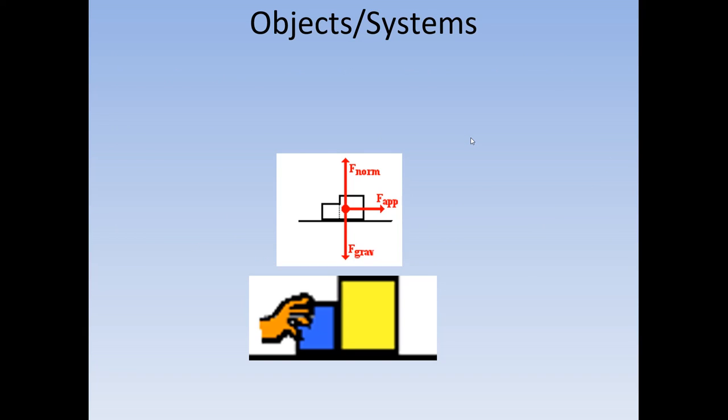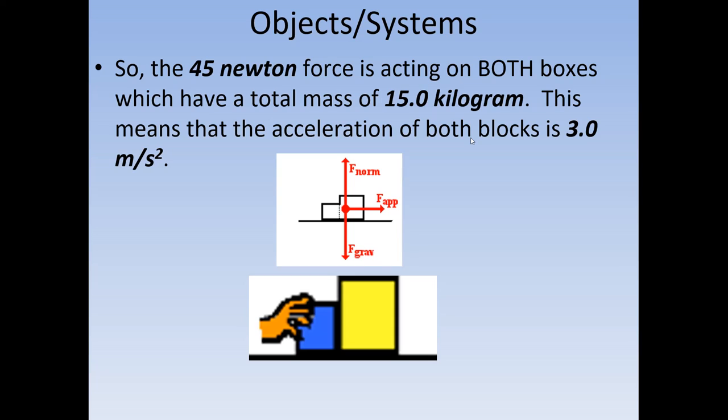So there's a few ways I could go about this. The first way is I can treat this as one entire object. I could treat this like a system. By looking at it as if it was one single object, I can realize that even though the 45 is technically only touching the 5 kilogram block, it's affecting both the 5 and the 10.